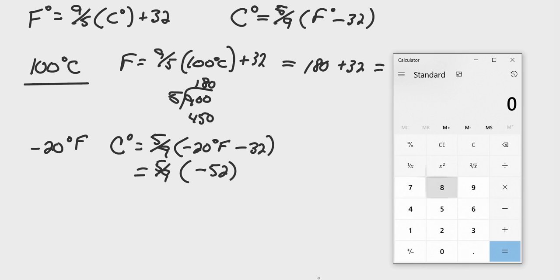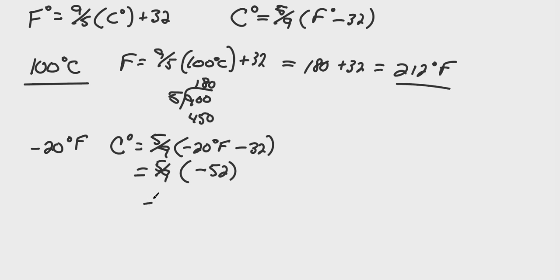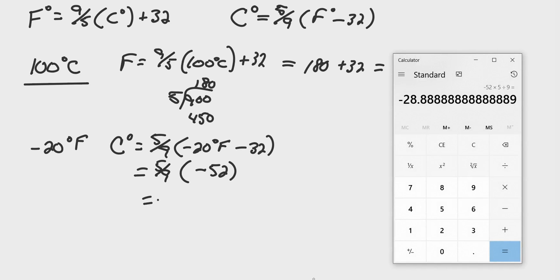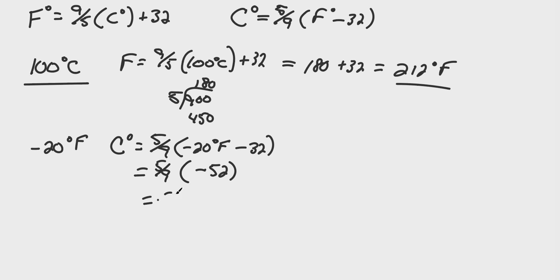So let's take our negative 52 times 5 divided by 9 equals, negative 28.9 degrees Celsius.